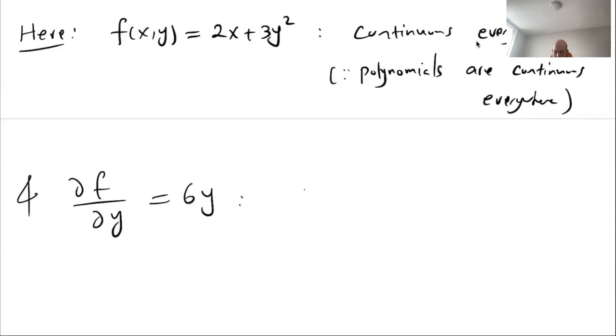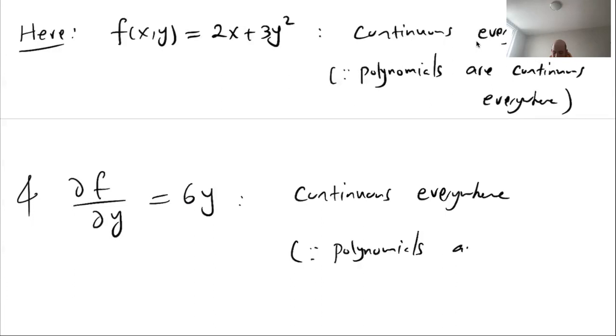Again, this one is continuous everywhere, because polynomials are continuous everywhere.